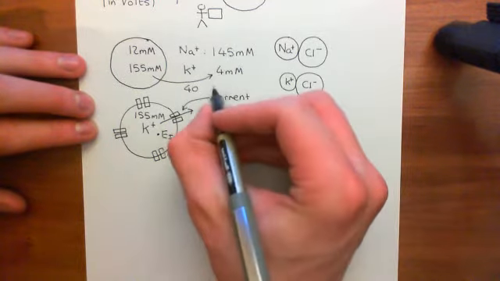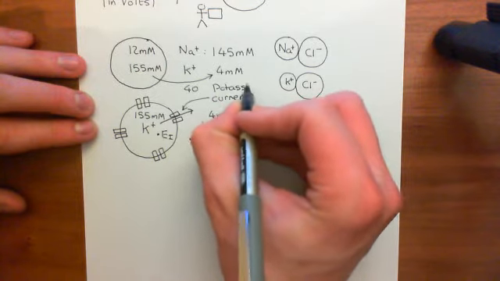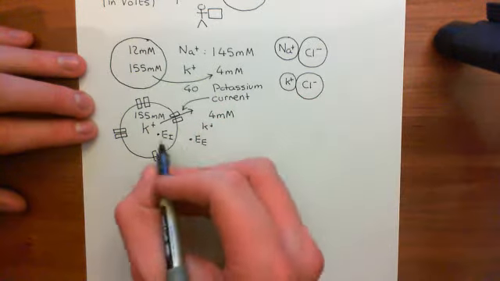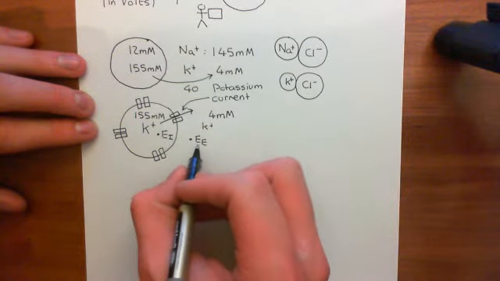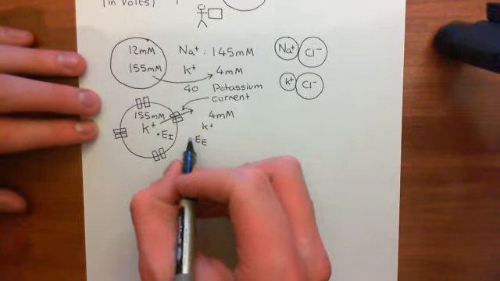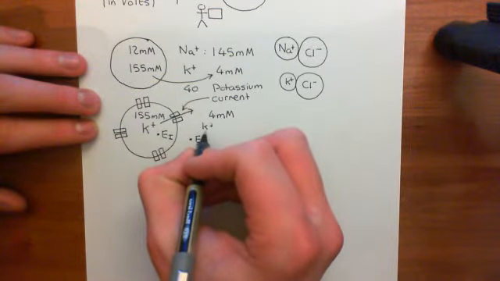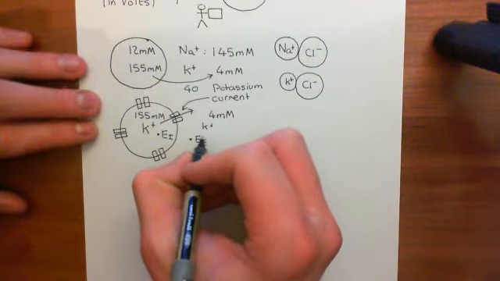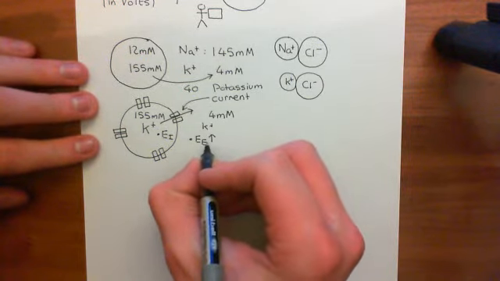Okay, so this is our potassium current moving out of the cell. Now, this is going to result in changes to the electrical potentials in the intracellular compartment and in the extracellular compartment. When we move positive charge into the extracellular compartment, the effect that will have is raising the electrical potential extracellularly.